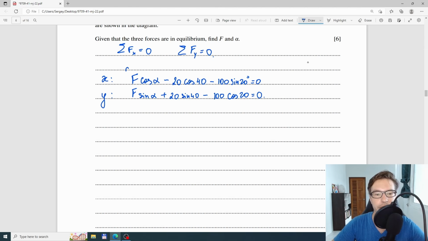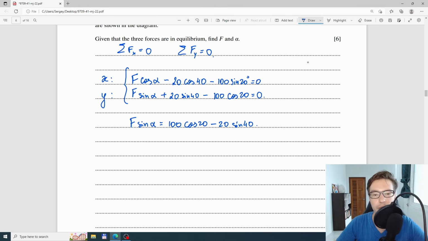These are simultaneous equations. I have to solve for F and alpha. To start with, I will take the second equation and move 20 sine 40 and 100 cosine 20 to the other side. And I will have F sine alpha equals to 100 cosine 20 minus 20 sine 40.